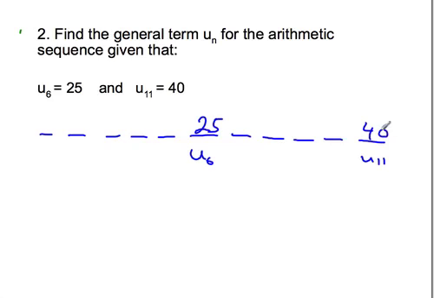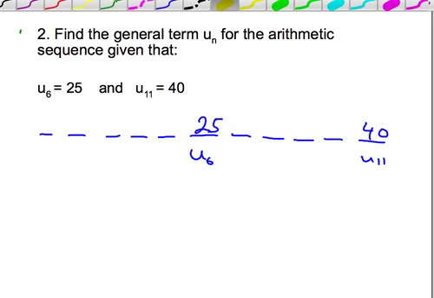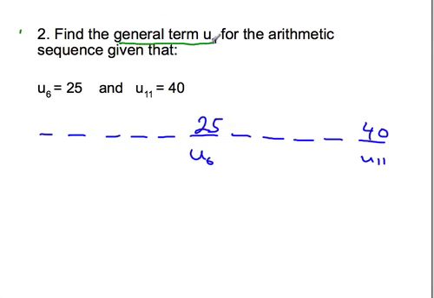U11 is 40. So first of all, the question is asking for the general term U sub n. So we're looking to find the formula U sub n equals U1 plus n minus 1 times the common difference. So we need to find U sub 1 and d.